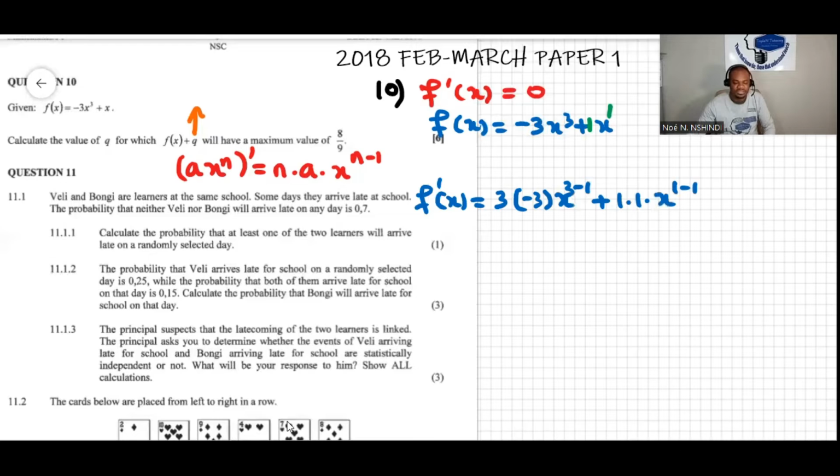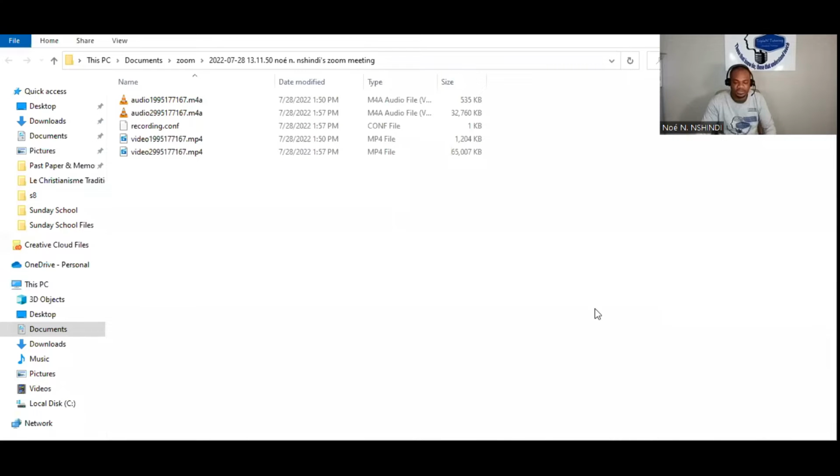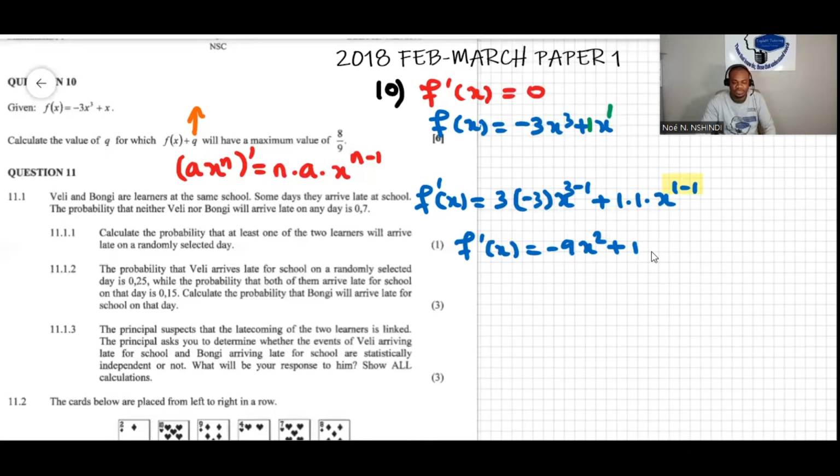That makes f prime of x equal to negative 9x². 1 times 1 is 1, and 1 minus 1 is 0. x to the power of 0 is also 1, so 1 times 1 times 1 makes 1. So it's going to be plus 1 over here.